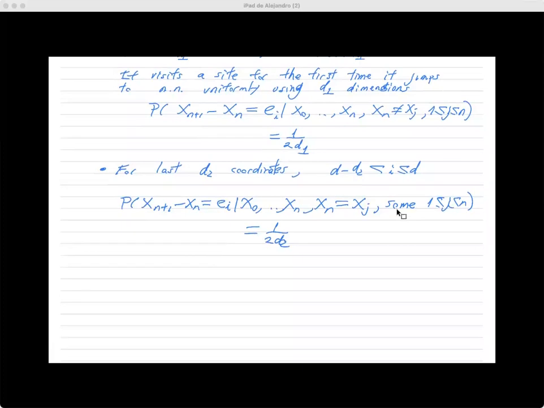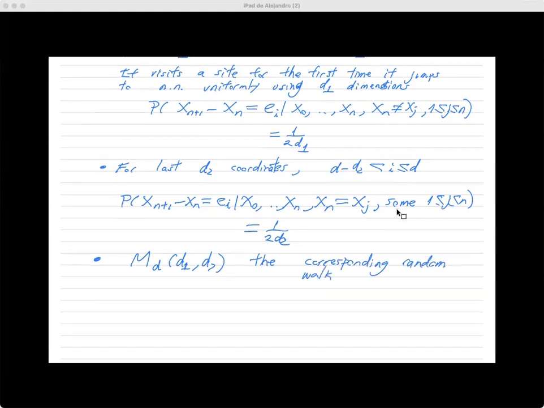This is a notation that some people have used, and I will adopt it. I will call M sub d, d1, d2 the corresponding random walk.